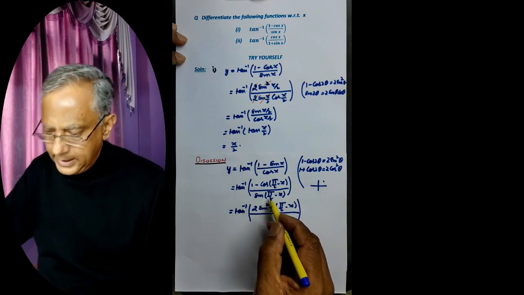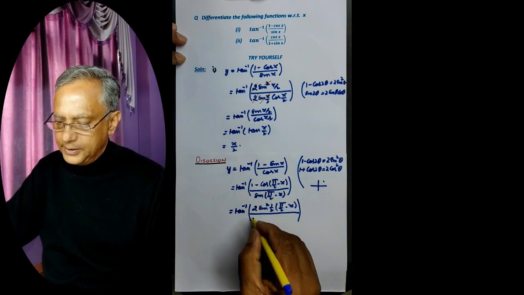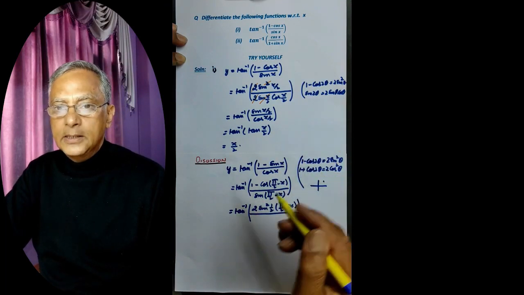Whole divided by, now this must also be changed to the same angle, that is half of this. So we can use this formula: sine of 2 theta is 2 sin theta cos theta.